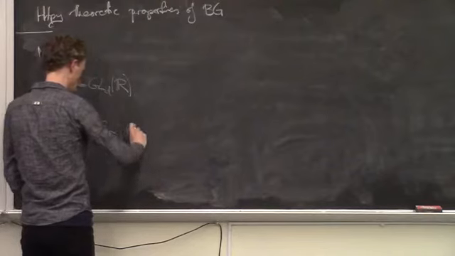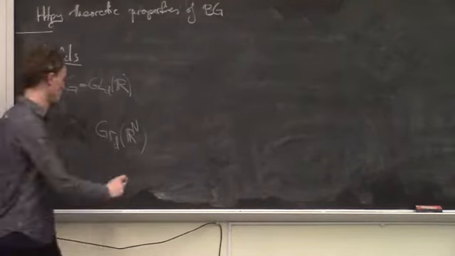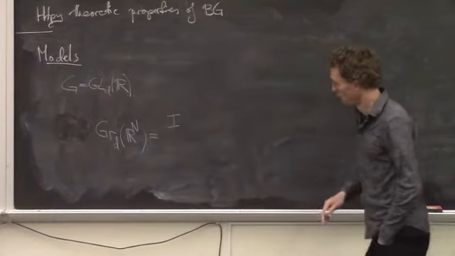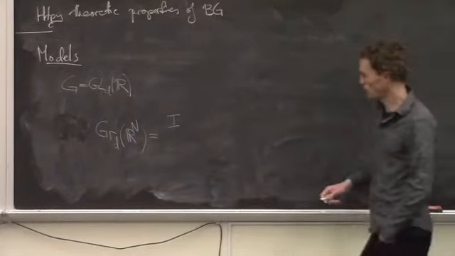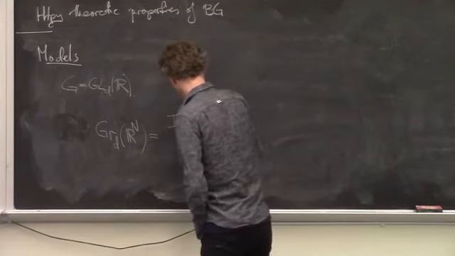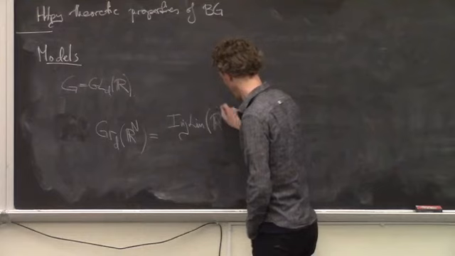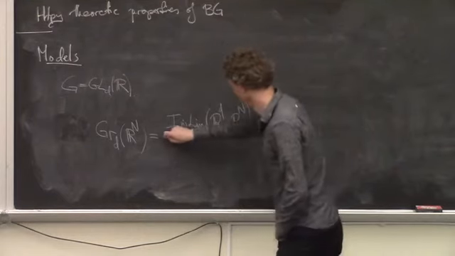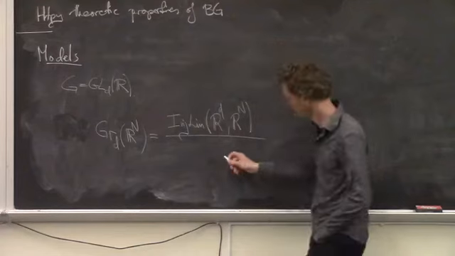Finite dimensional Grassmannian of d-planes in R^n. So I want to write it as, well, the point there is a d-dimensional subspace of R^n. I want to write it as an injective linear map from R^d to R^n divided by GL_d.